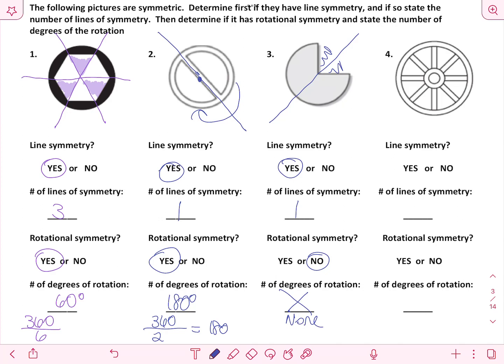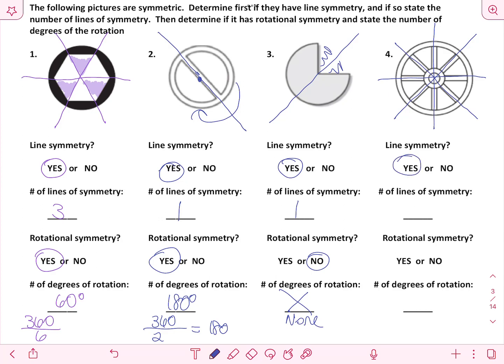Last one. Let's look at number 4. First, we want to see if there's line symmetry. These wheel shapes with the spokes are really helpful, okay? It gives us some clue that we have some line symmetry. So just like our number 2, we want to follow the given lines.